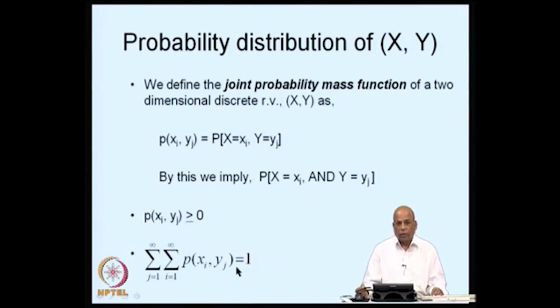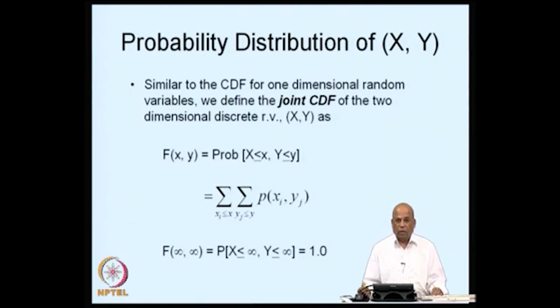So, the probability mass function for the two dimensional random variable, the joint probability mass function, satisfies these two conditions, much the same way as the probability mass function of a single random variable satisfies p(x_i) greater than or equal to 0, and the sum over all possible values of x_i of p(x_i) must be equal to 1.